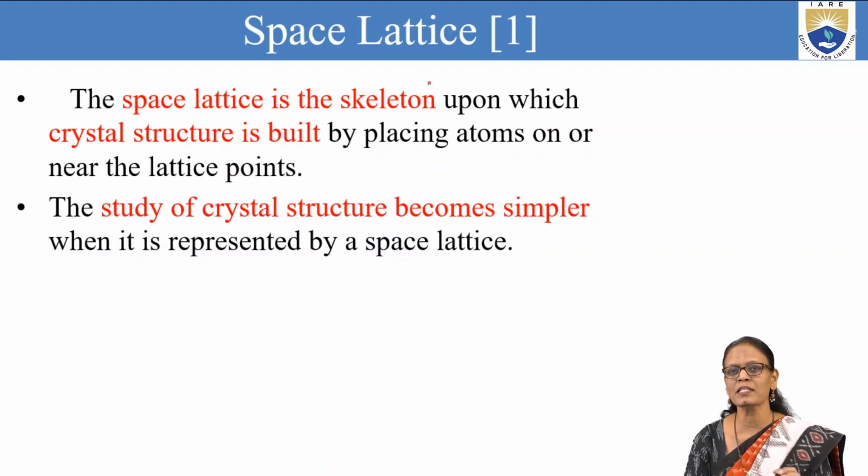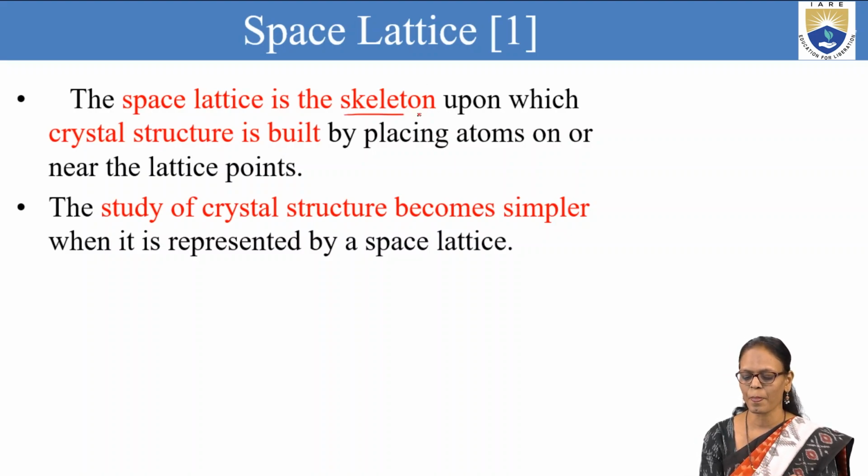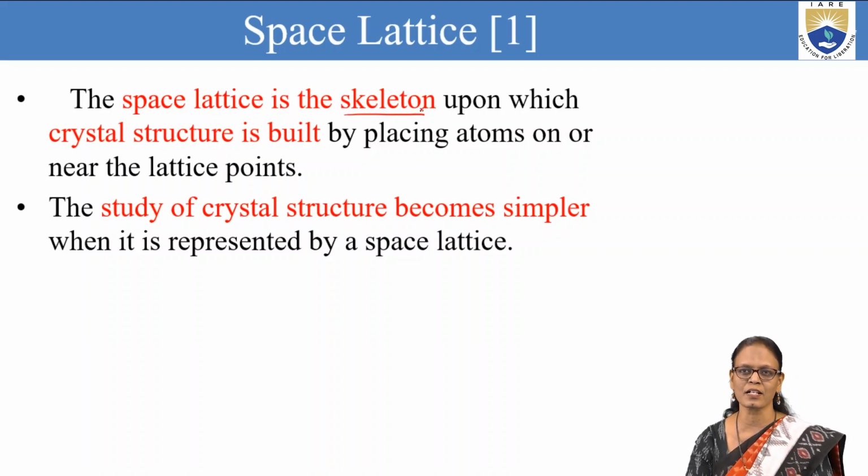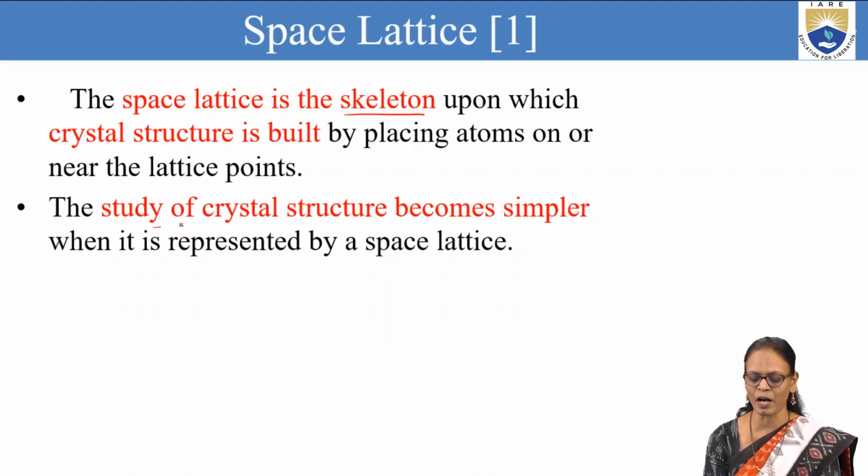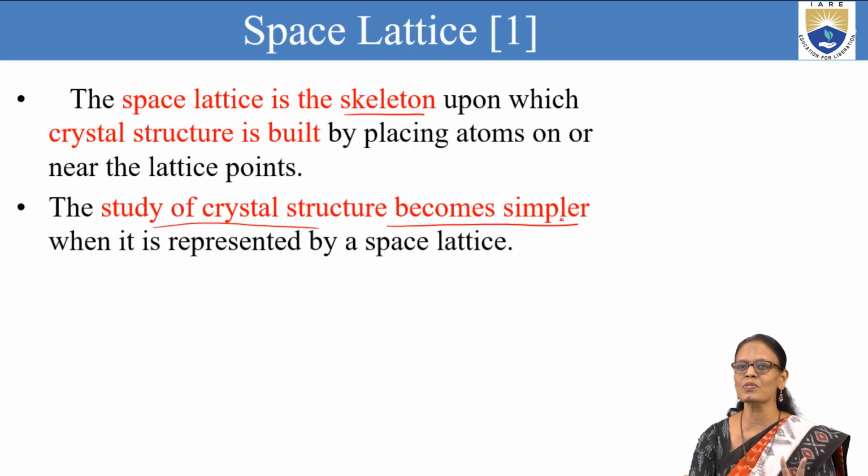So, space lattice is simply the skeleton upon which a crystal structure is built. How are we going to build a crystal structure? Wherever there is a lattice point, we place an atom and then we get the crystal structure. That is how the study of crystal structures becomes simpler. Suppose 2 substances have the same lattice.